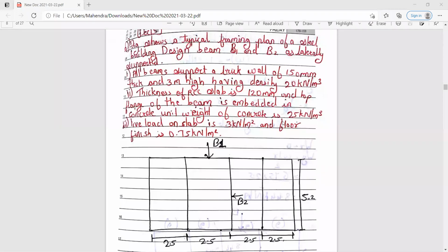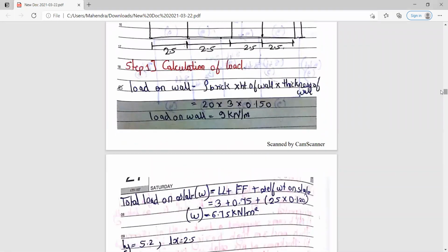Now we'll start with the designing part. First of all, you need to do the calculation of load. In that, you need to calculate the total load on the wall. The formula for the load on the wall is the density of the brick into the height of the wall into the thickness of the wall.